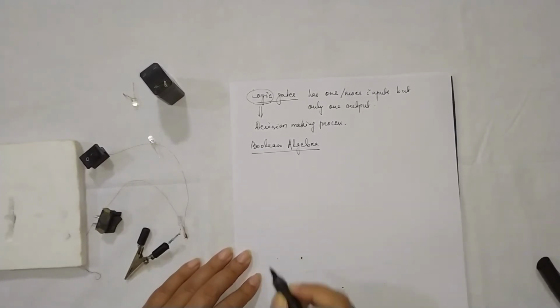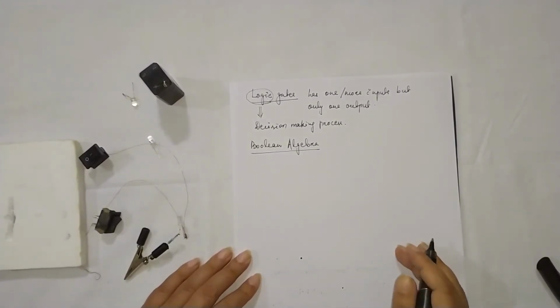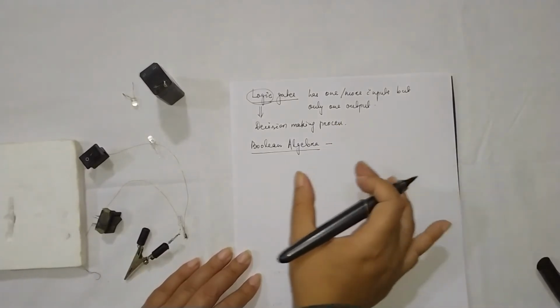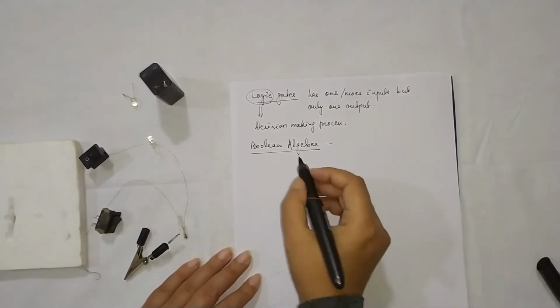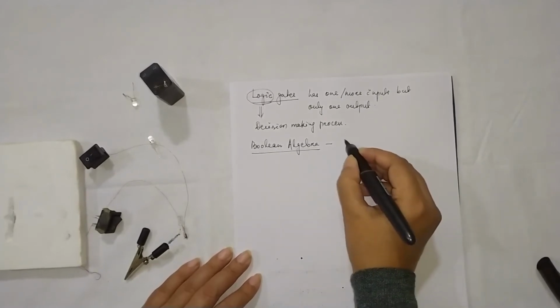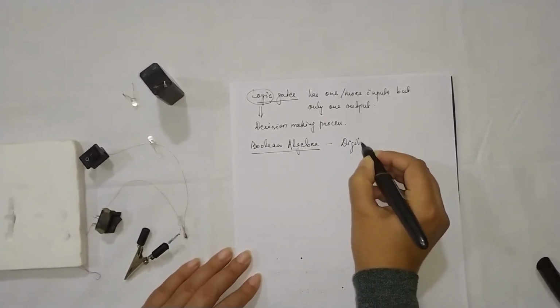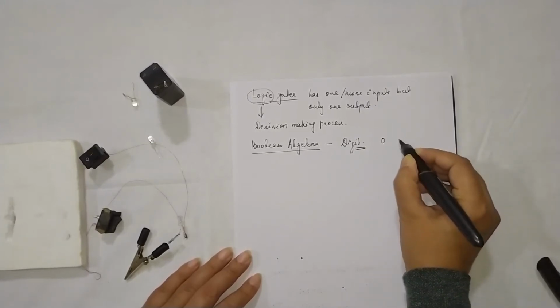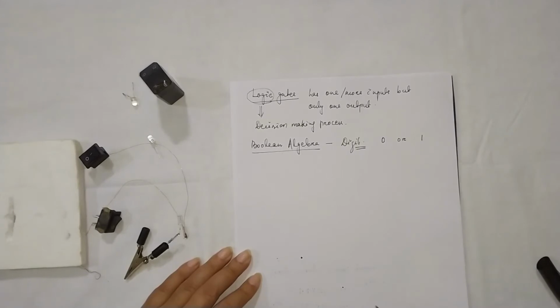This is a new term. What is Boolean algebra? All of you know, every digital electronics is based on this algebra. This algebra only has two digits, 0 or 1. It can only read these two digits.